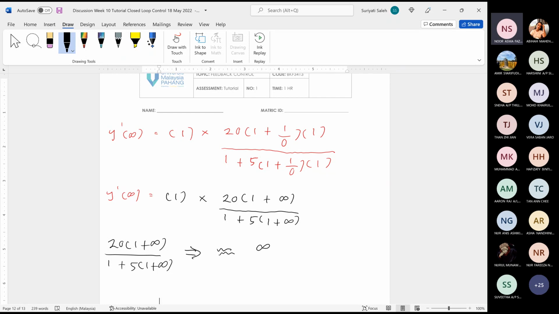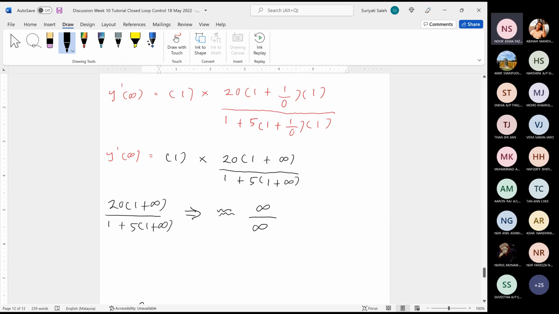Infinity multiplied by 20 is still infinity. The same goes for your denominator, the bottom part of your equation: 1 plus 5 times 1 plus infinity also approximates to infinity. So y prime infinity equals 1 multiplied by infinity divided by infinity.